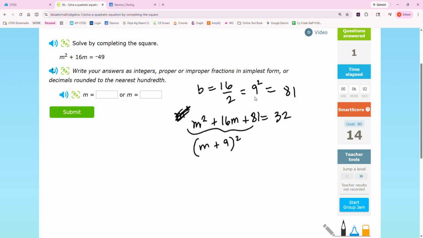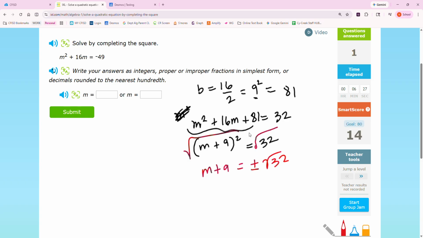If you notice the pattern, when you take the factored form, whatever number we're squaring, when we divide that by 2, that's the number that's going to be inside the parentheses. And then that's going to be equal to 32. Now we can take the square root. M plus 9 equals plus or minus the square root of 32.